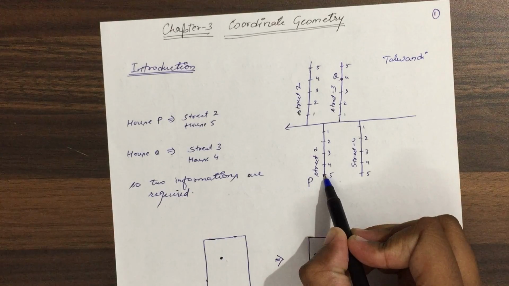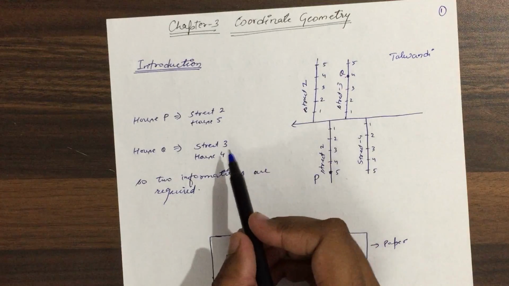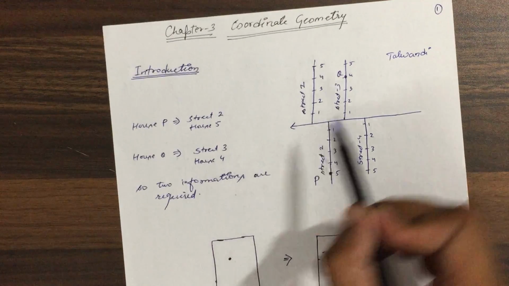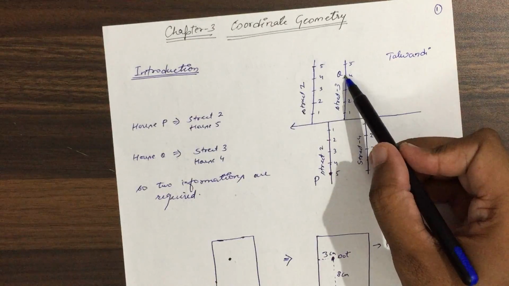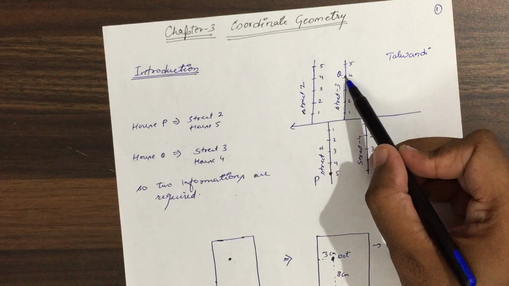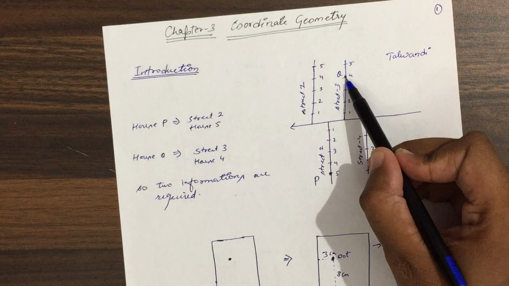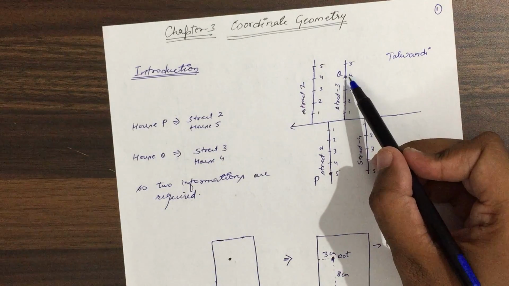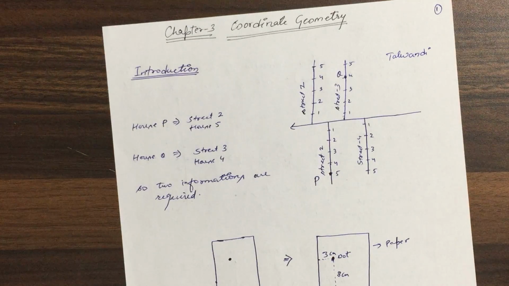Now I say go to house Q. Again you will say where it is, but I can give you the information that it is in street 3 and it is house 4. So you will go to street 3 and count 1, 2, 3 and 4. This house 4 will be house Q. So it is very easy to locate. Earlier, when I didn't give you any information, it was very tough for you, but when I provided you some information, it became easy for you to locate the houses.